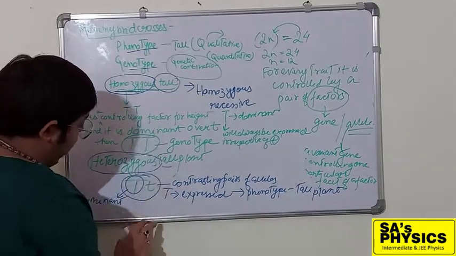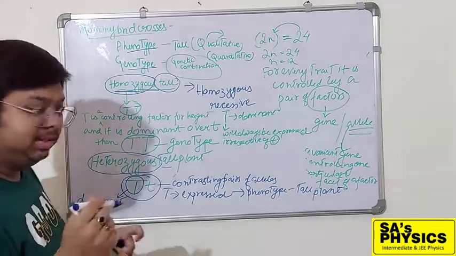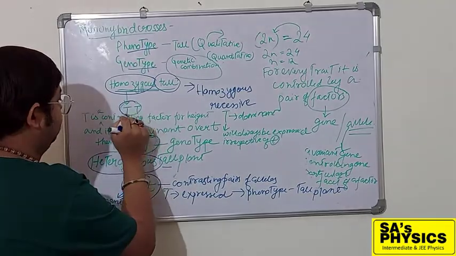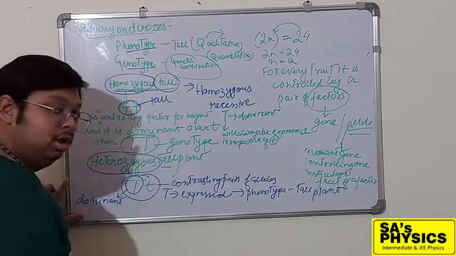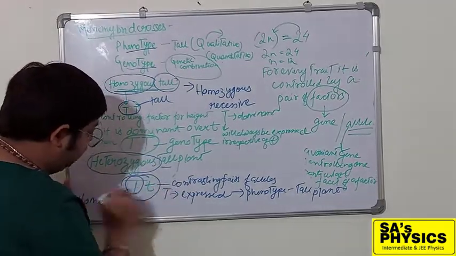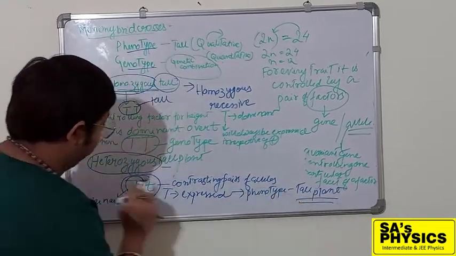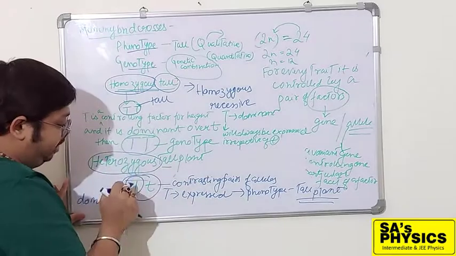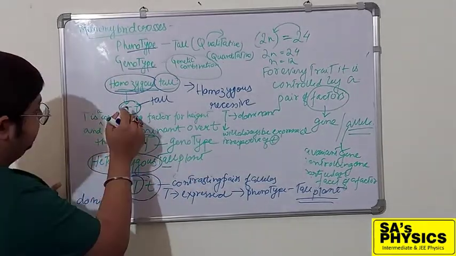So, in this condition, capital T is present, so obviously it will be a tall plant. Capital T, small t is present. Again, since capital T is dominant, it will again be a tall plant. So, these two are different genotypes, you see.